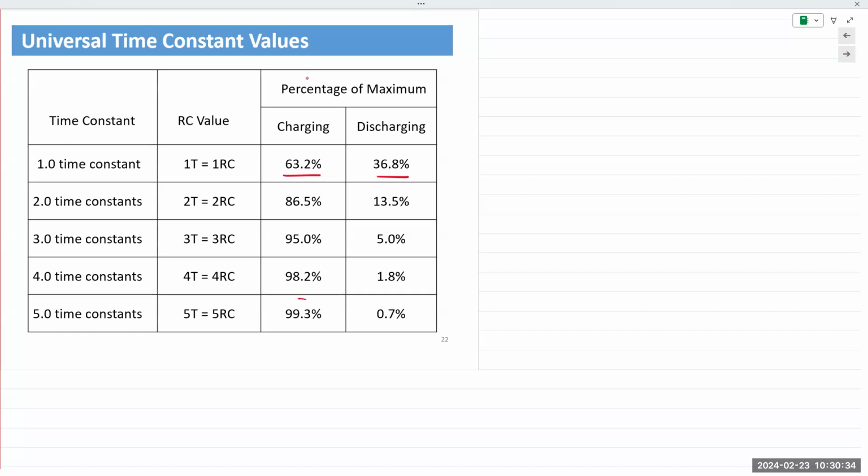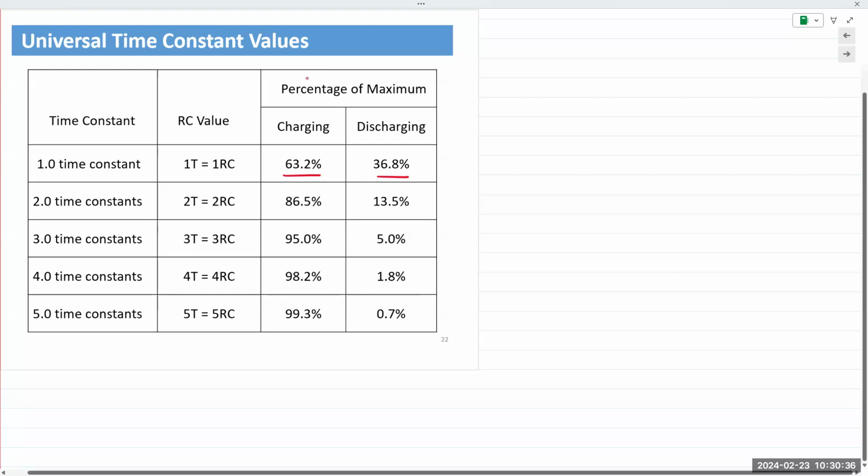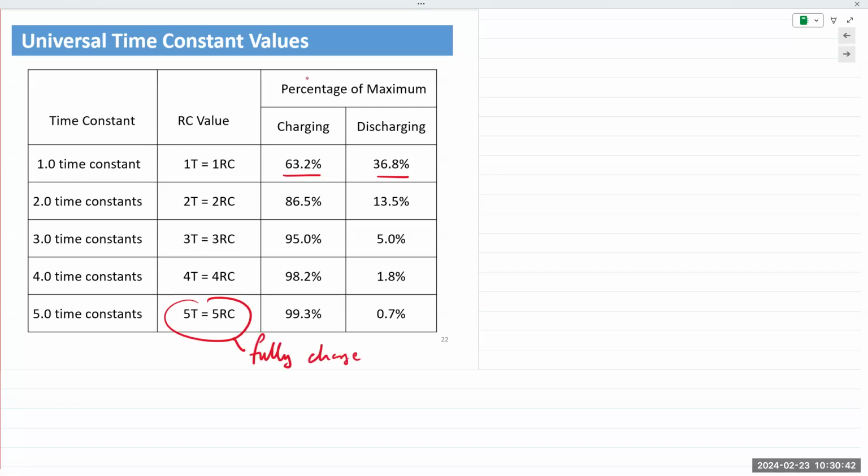We say after 5 time constants, it's either fully charged or fully discharged. That's why it's generally accepted convention in electrical engineering that after 5 time constants, the inductor or capacitor has either reached full charge or full discharge.